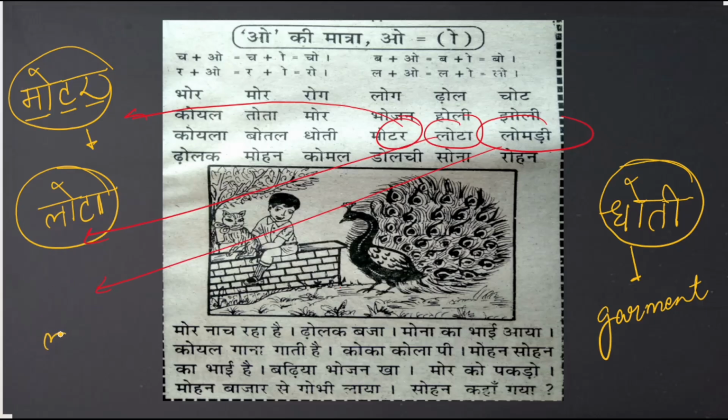Focus on the pronunciation of the words, okay? And don't worry about the meaning of the words. This is the matra of O, and this is ma, and this is ri. Lo, ma, ri. Lomri, which means fox.